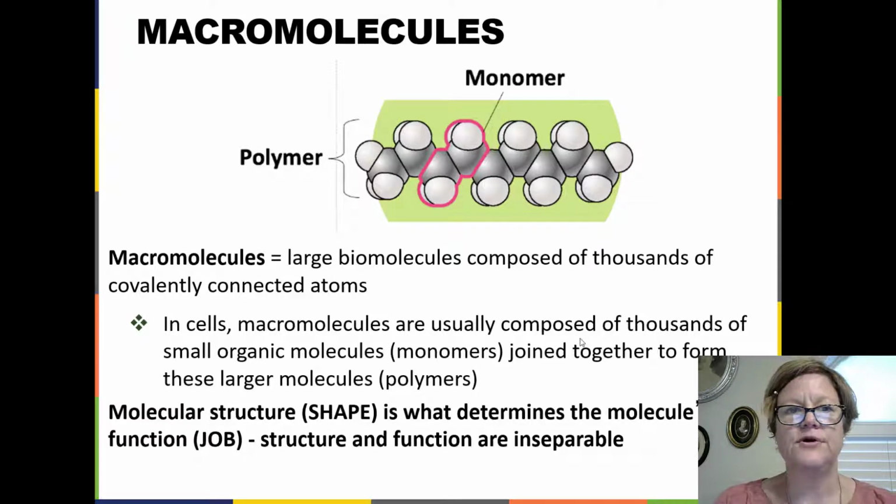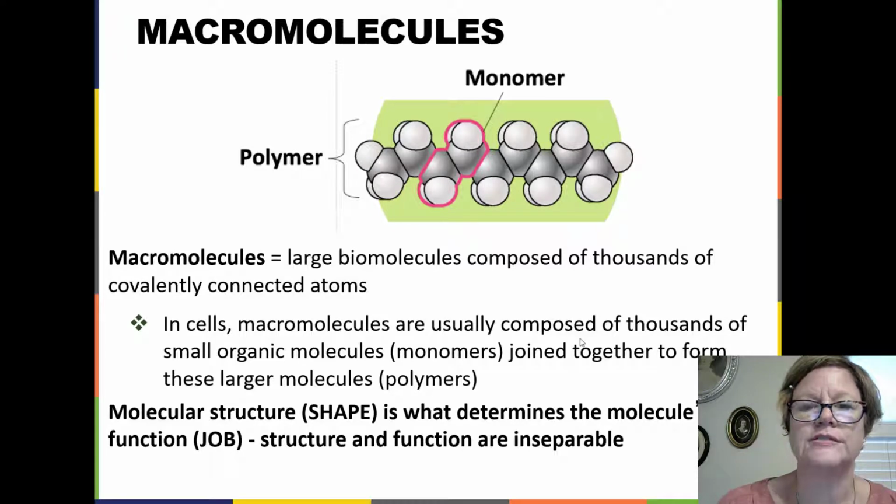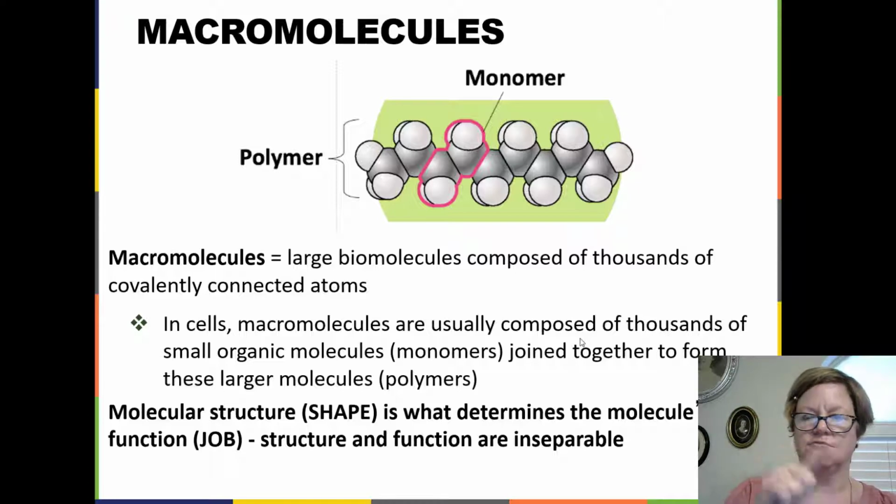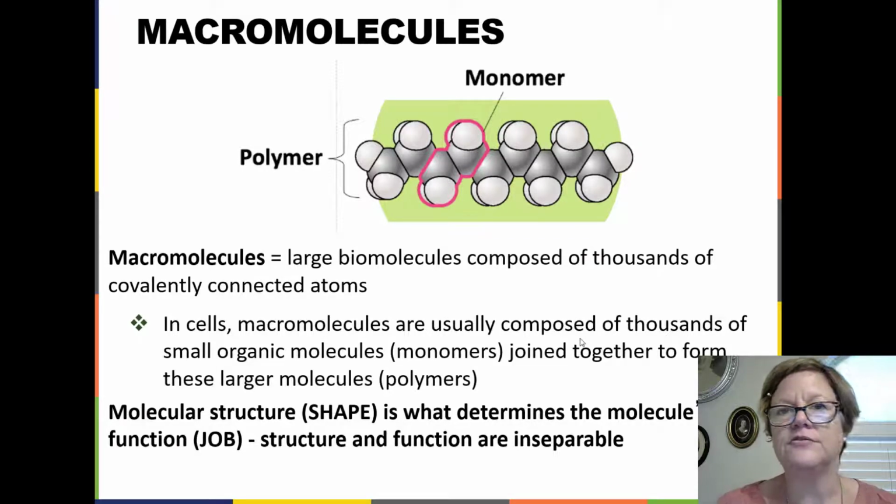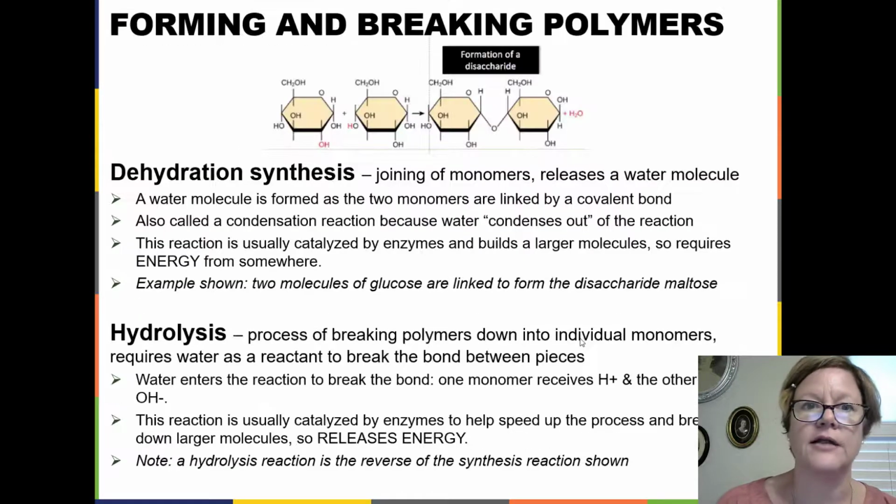So really, for most of the macromolecule groups, once you learn the structure of the monomer units, the polymer is just that same monomer unit, just repeated over and over again, linked together covalently. Ultimately, the shape of the final structure dictates the function. So structure and function are very key concepts in biology.